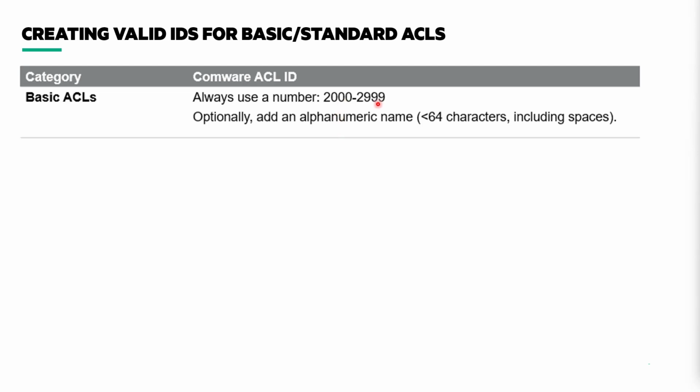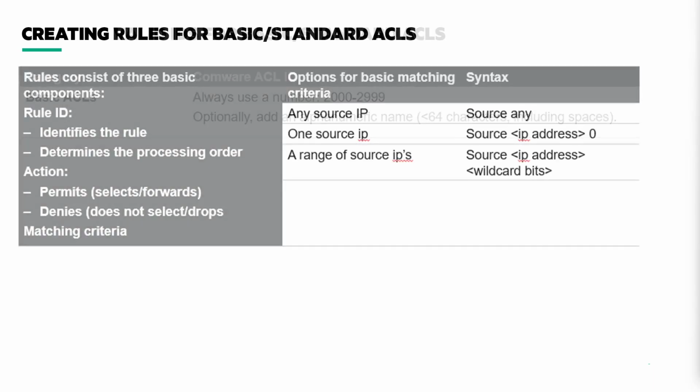Sometimes you might want to match the number with a VLAN ID and maybe describe the access control list to understand what that ACL is meant to do. And in the case of an access control list that is basic or standard, we need to have rules and actions, obviously. Now in the rule, you can identify the rule by any source IP, or a specific IP, or a range of IPs, but only on the source. You cannot have anything on the destination.